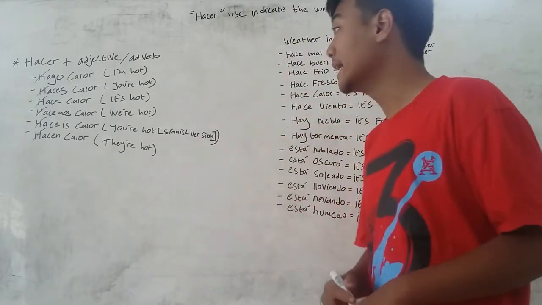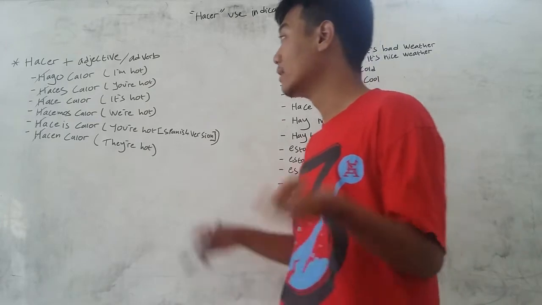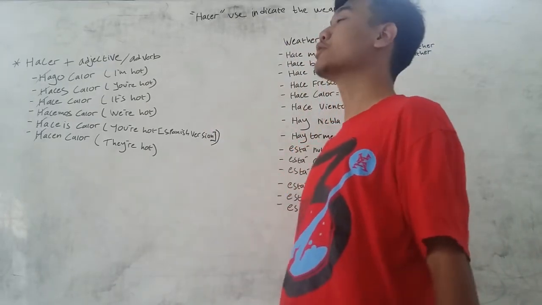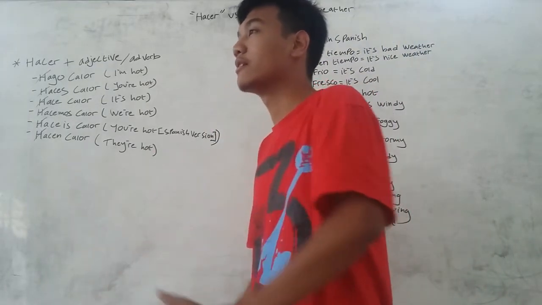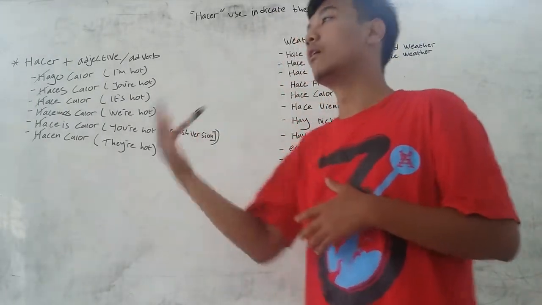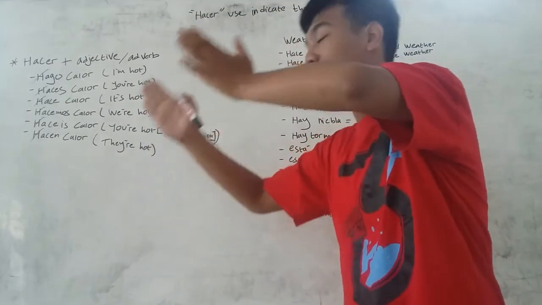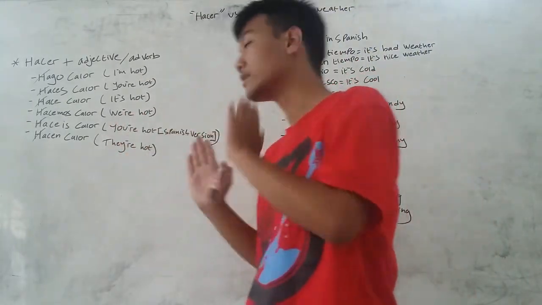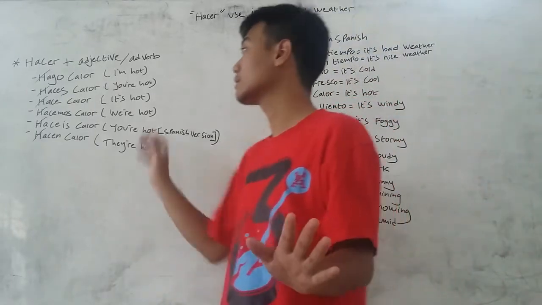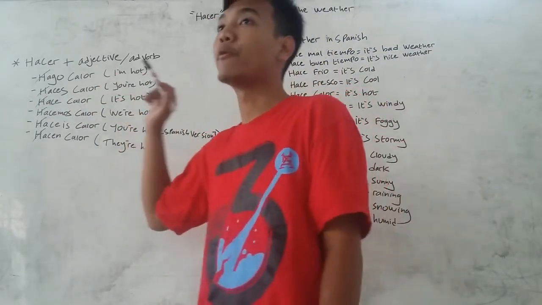Right. Jadi, you can't say hacer calor. You should change up the verb into the order, subject pronouns rules. Lo itu harus mengubahnya kata kerja menjadi subject pronouns rules. Right.